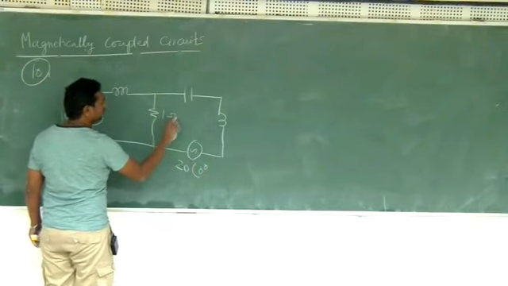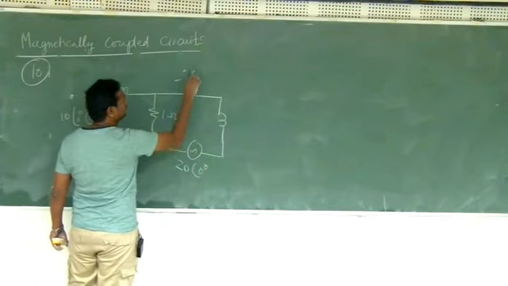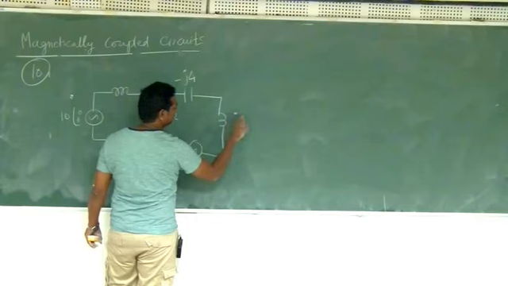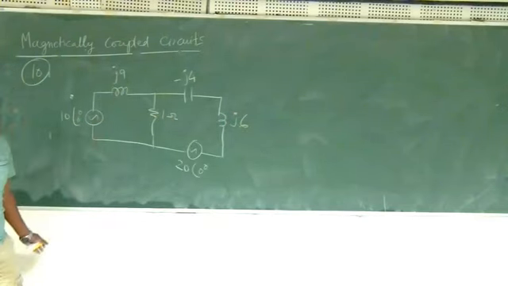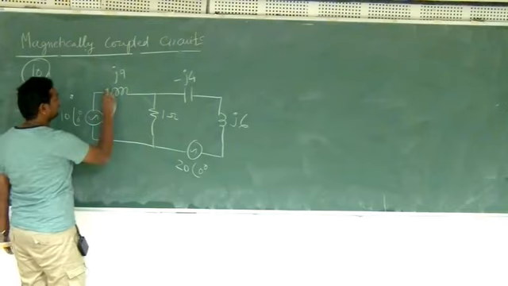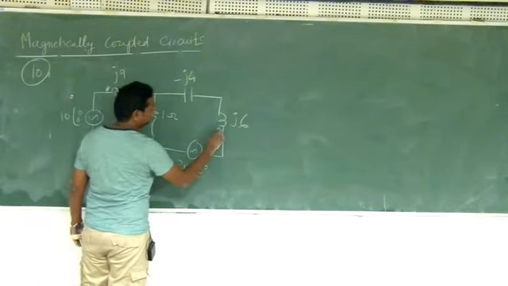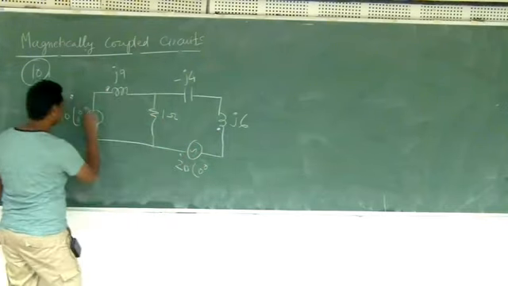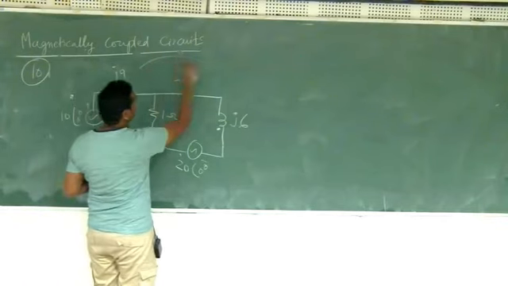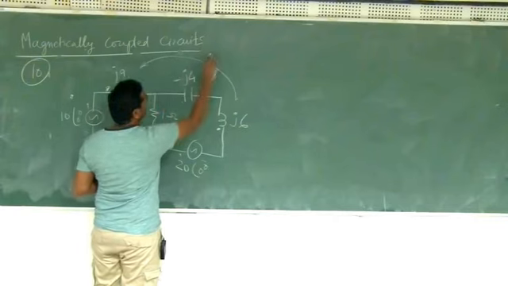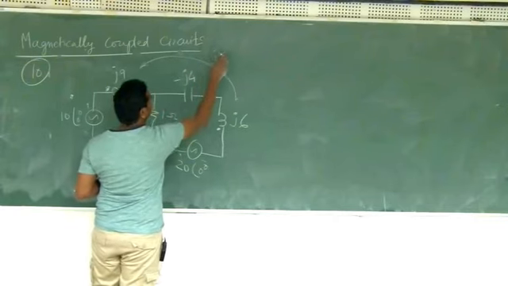This is 1 ohm. This is minus J4. This is J6 and this is J9. Only difference will be there is a dot here and then there is a dot here. And the mutual I have to mention. So this will be J2.